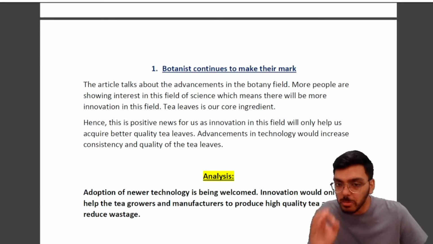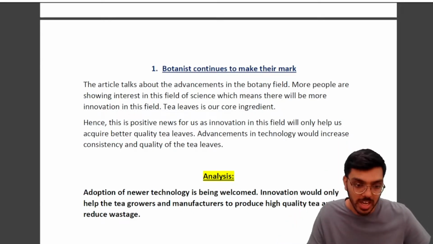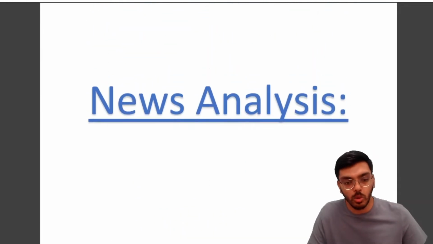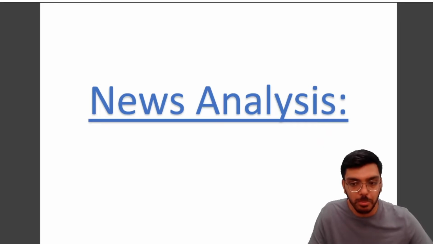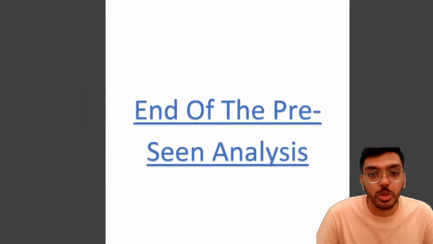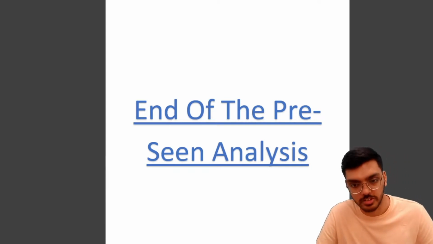You focus on the important parts of this news analysis. So nothing doing, simply read through it, because this is the last part of the pre-seen. After that entire journey, we have come to the end of the pre-seen analysis.